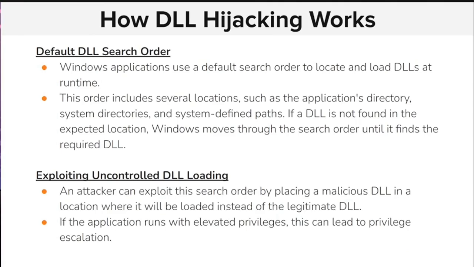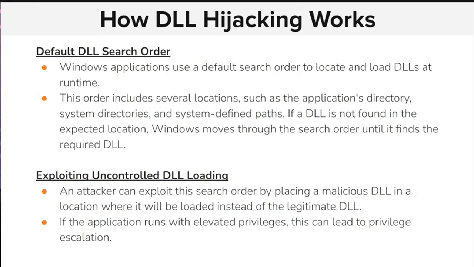This order includes several locations, such as the application's directory, or where the application has been installed. That's typically the case. System directories and system defined paths, which we'll actually take a look at shortly. But the bottom line is that if a DLL is not found in the expected location, Windows moves through the search order until it finds the required DLL.